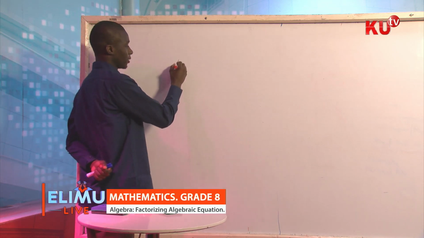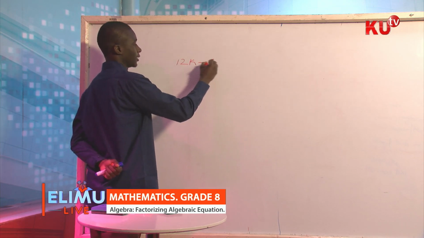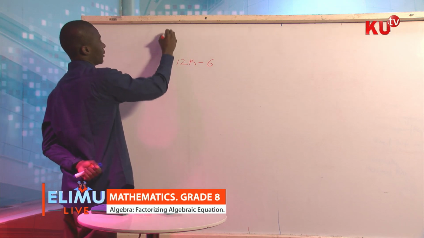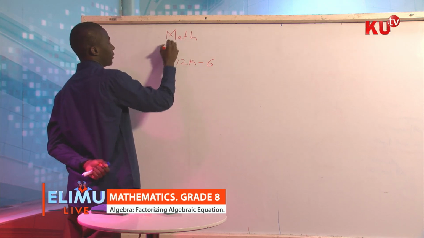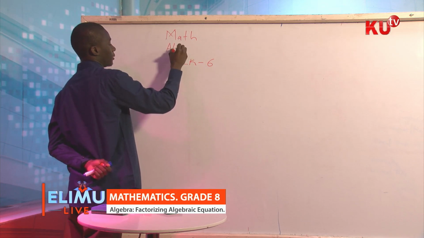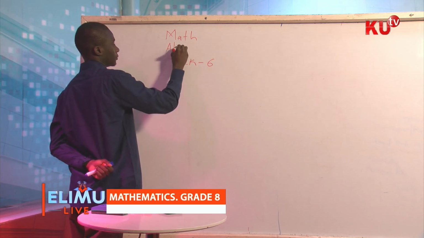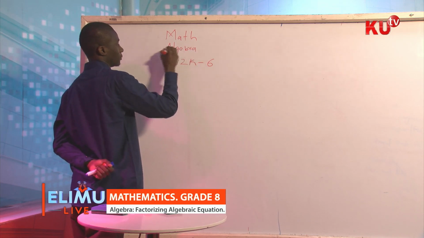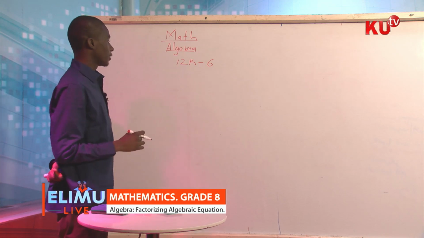That is 12k minus 6. We're going to look at how you factorize such an expression.